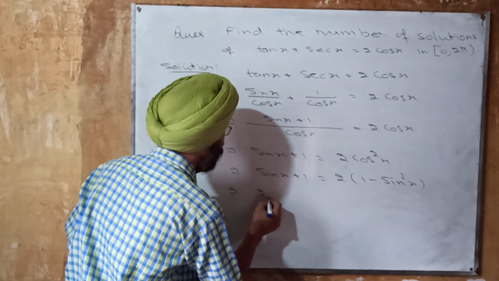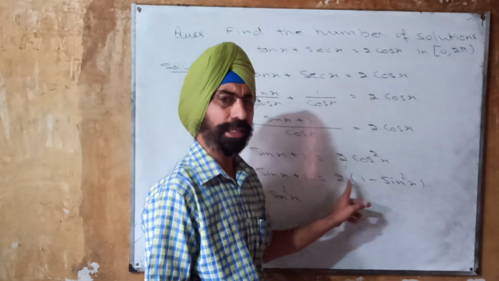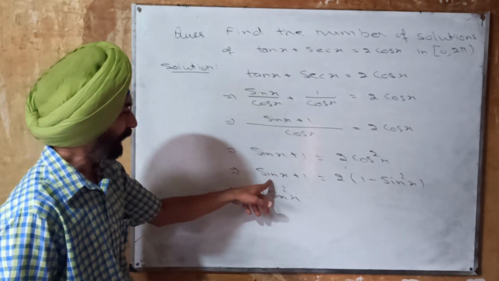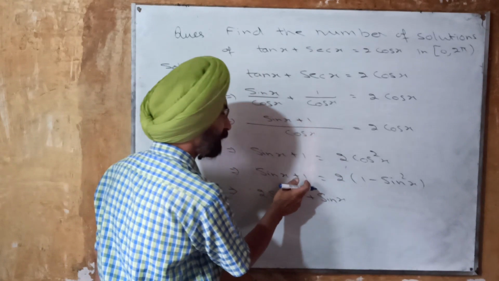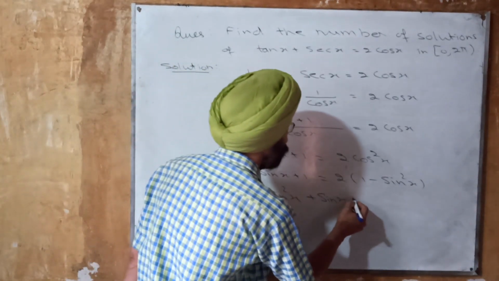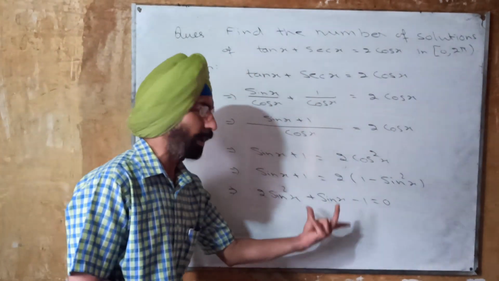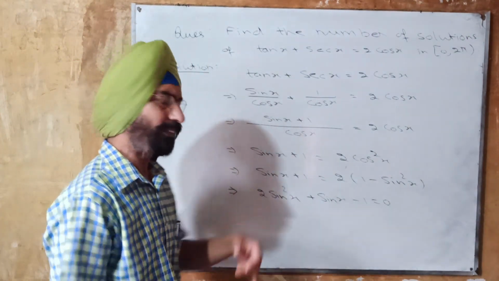The equation will be 2 sin square x, this minus 2 sin square x will become plus 2 sin square x on the left hand side, and then this plus sin x, and this plus 1, and this plus 2 will be minus 2 on the left hand side, so you will get minus 1 is equal to 0. Now this is a quadratic equation in sin x, and it can be easily factorized.